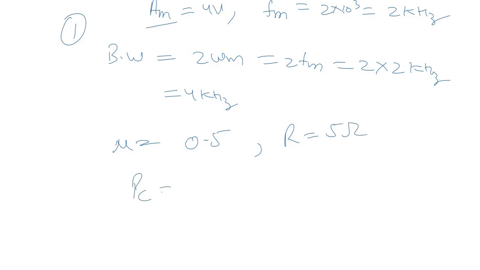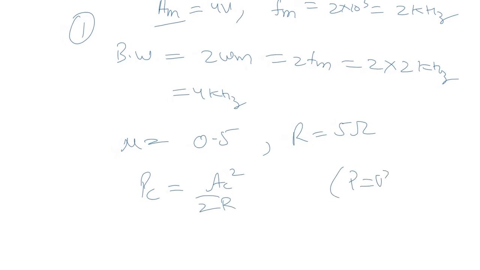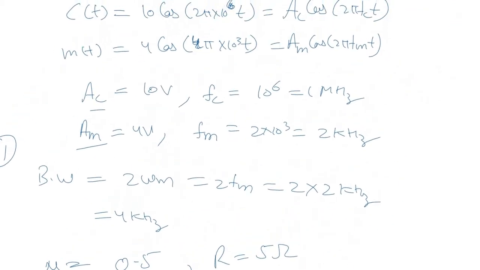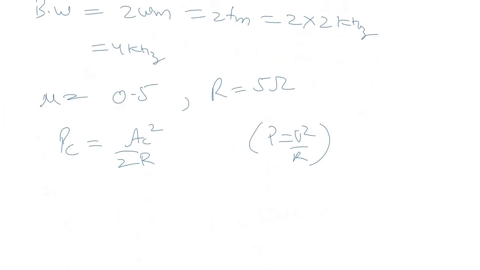So the carrier power Pc would be Ac square by 2R, because power is equal to V square by R, so we are using the same thing over here. So Pc would come out to be, substituting the values of Ac and R, 10 watt.